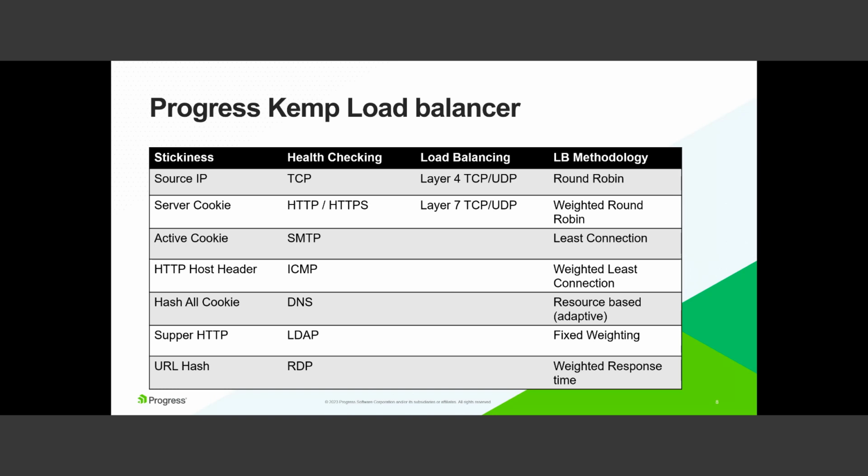Do you want all of your traffic to go to one primary server and only in the event of a failover, then you want to reroute traffic to the secondary server? You can use fixed weighting, or you can use weighted round robin to go ahead and distribute traffic however you like. The point is that the Progress Kemp load balancer has many options for whatever your application needs in one place.